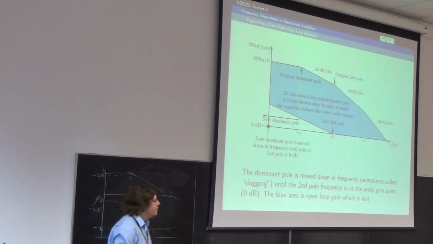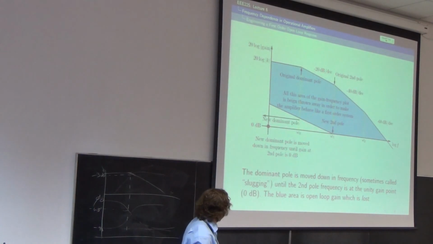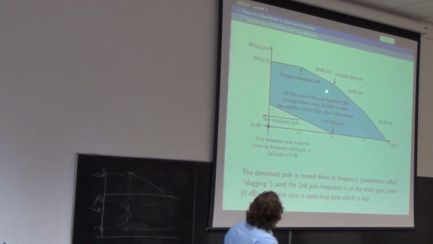So how do I make my op-amp first order? Well, I've got these 3 poles, and I'm going to take this pole and shuffle it that way off the edge of the screen until this pole, which is my second pole, ends up on the 0 dB axis, which is a gain of 1. And if I do that, all this stuff under the white bit here is the area in which I can have gain.